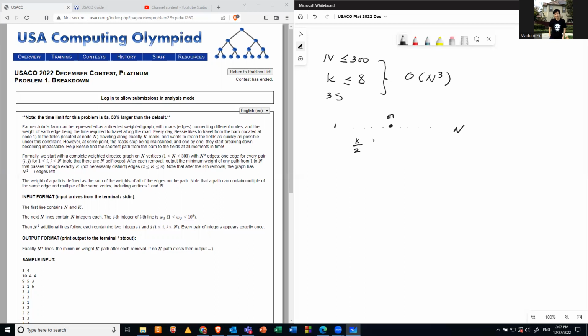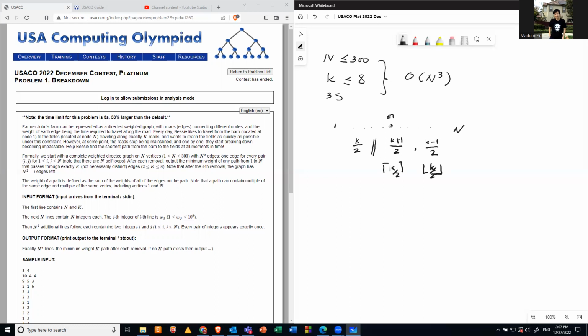If k is odd, one side is (k plus 1) divided by 2, and the other side is (k minus 1) divided by 2. In other words, it's either round up or round down of k divided by 2.